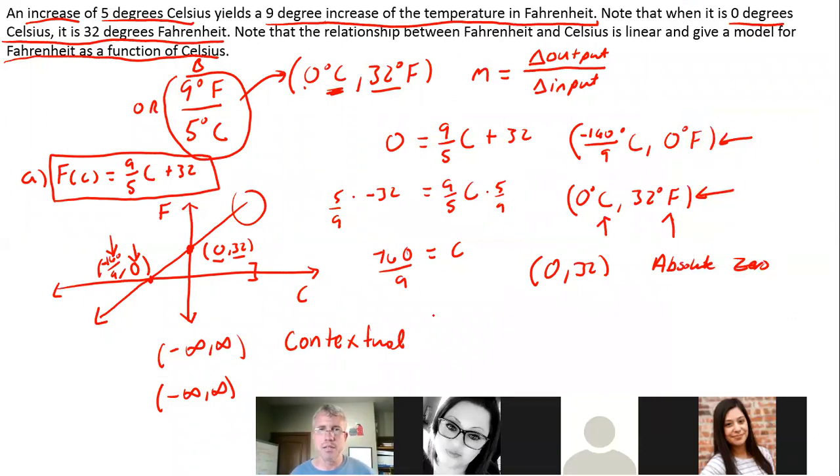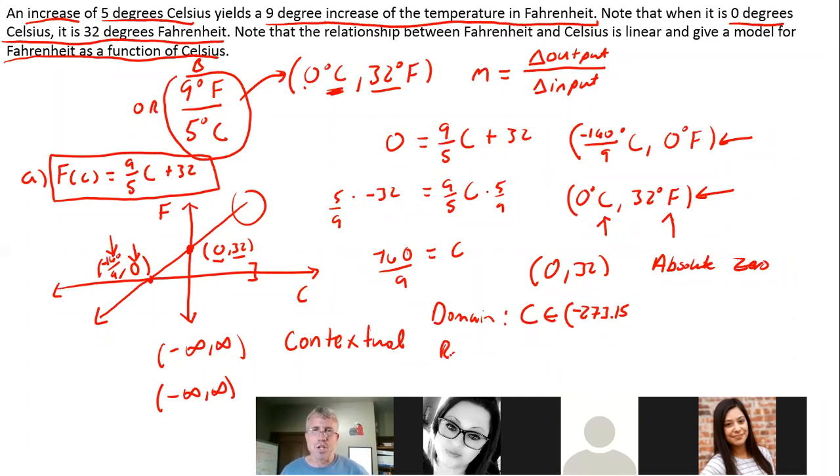You say my domain is going to be Celsius, not X. Celsius can start at negative 273.15. So I either need to do an open parenthesis or I need to do a square bracket. Which is it going to be? Open, because they said that it's theoretically the lowest temperature, but what is it? Impossible. You can never quite get there.